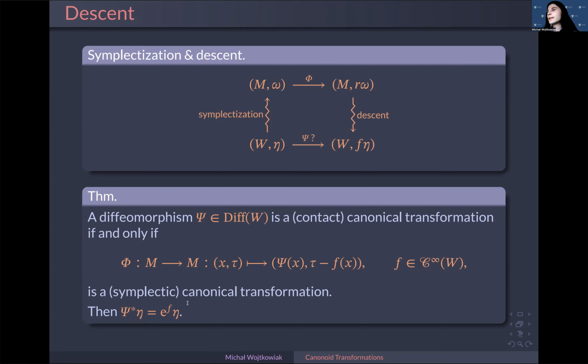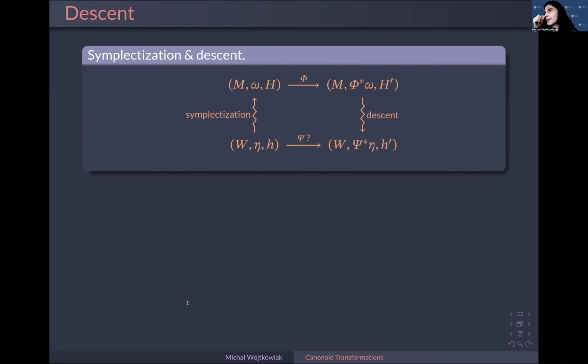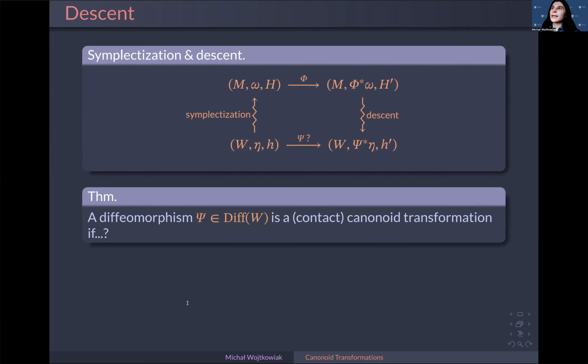And the situation gets slightly complicated when we introduce Hamiltonians, because then we have that extra coordinate, and we have to consider how it interacts with the Hamiltonian, and then the condition of a canonoid transformation is, I think, less simple.